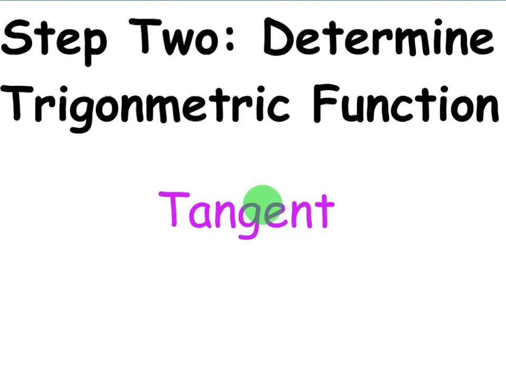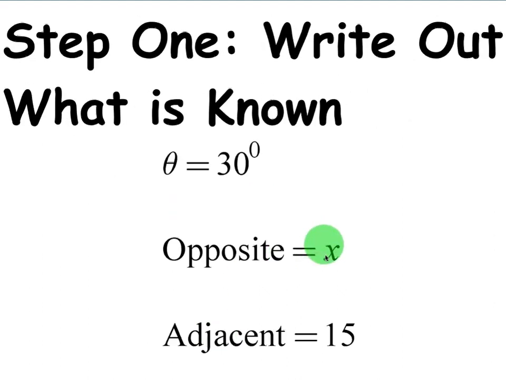Now I do need to say something about this, because there are always going to be two choices. What do I mean by that? Well, doesn't cotangent also involve opposite and adjacent? It's flipped, right? It's adjacent over opposite. Let me explain why you would not choose cotangent. If you chose cotangent, you'd have 15 over x instead of x over 15, and you do not want the variable in the denominator. You want it in the numerator.